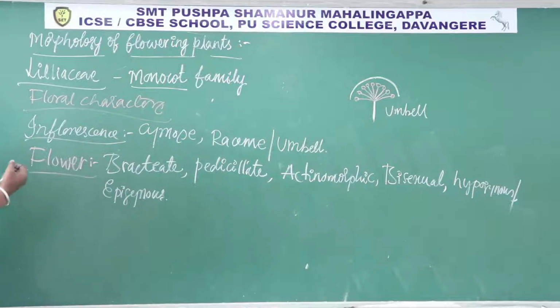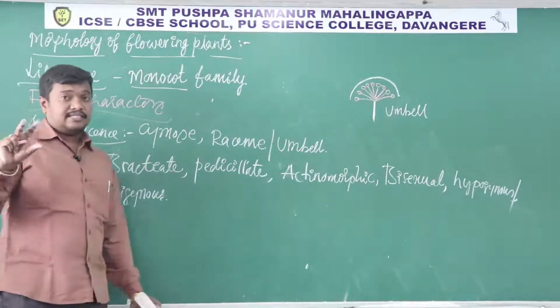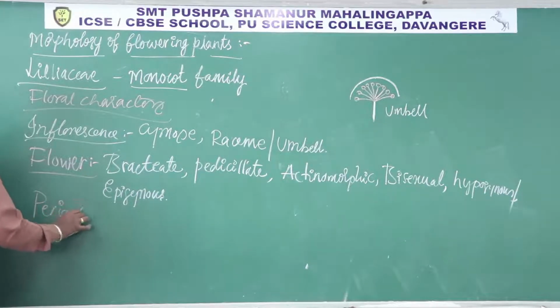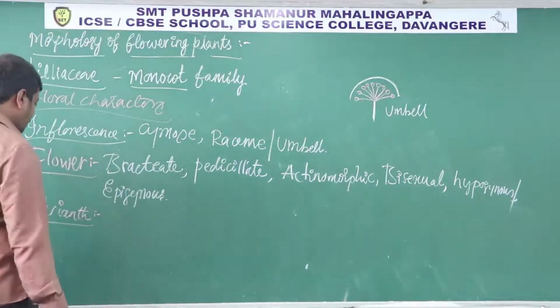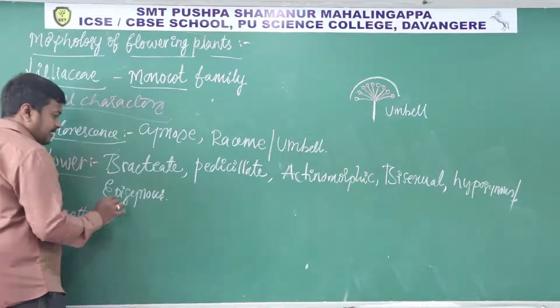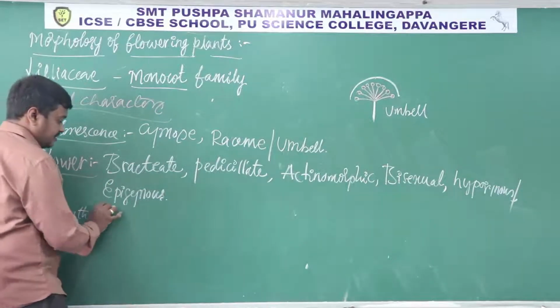Next, come to the individual structure of a flower. Here the calyx and corolla cannot be distinguished, so we call it a perianth. Perianth condition. In the perianth, you need to write the number of tepals.